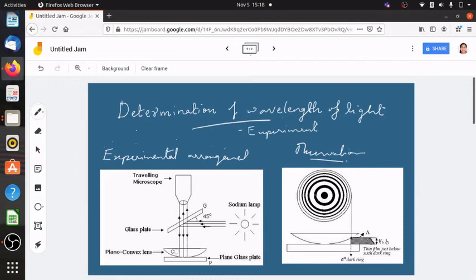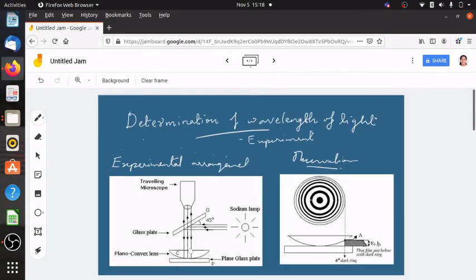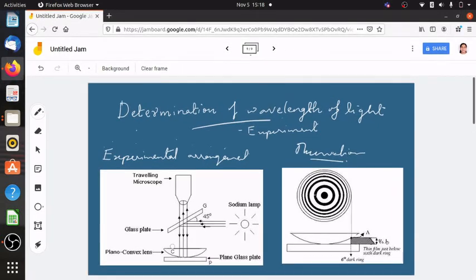The rays falling on the convex lens travel through the lens and the air column between the lens and the plane glass plate. The rays reflected from the upper and lower surfaces of the air film between the lens and glass plate interfere with each other and produce an interference pattern, which can be viewed through this traveling microscope.